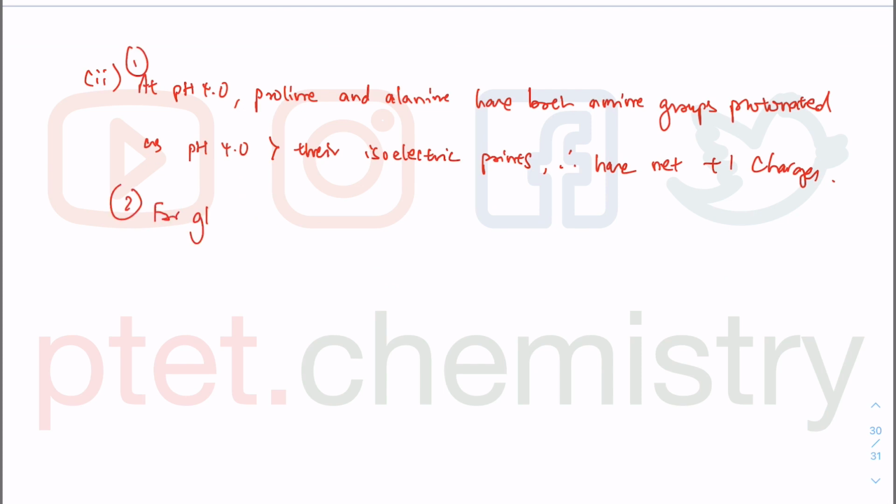For glutamic acid, pH 4.0 is greater than the isoelectric point. I can write down the value, which was 3.1.